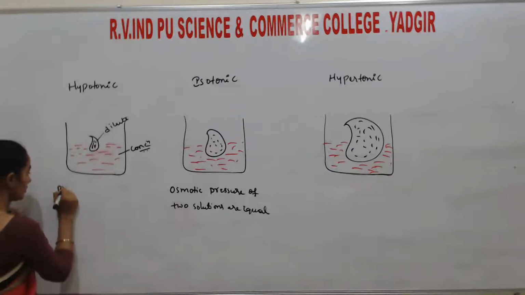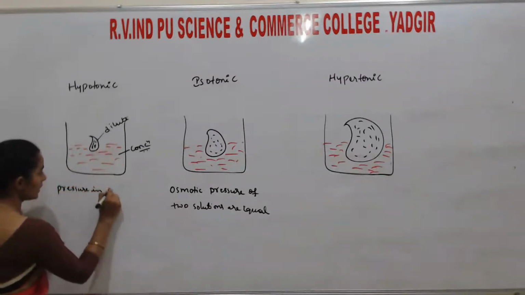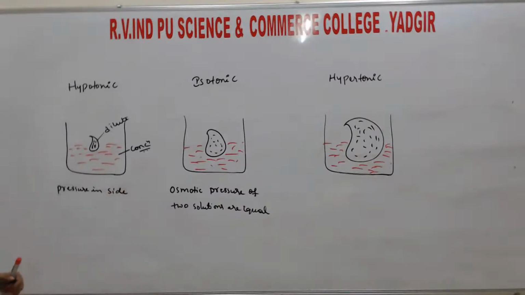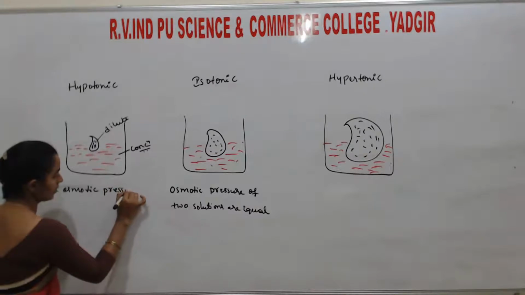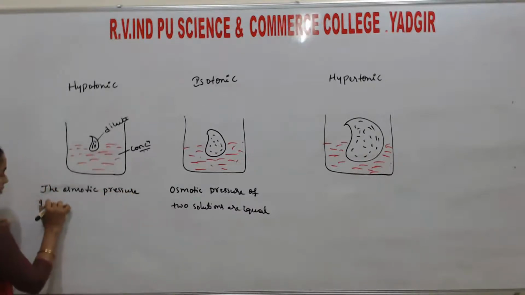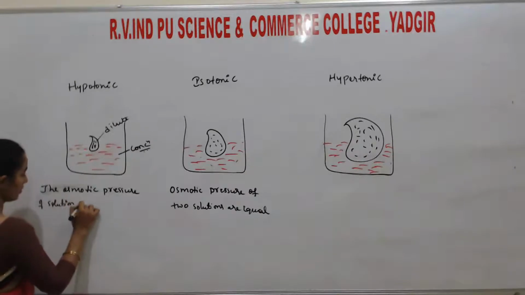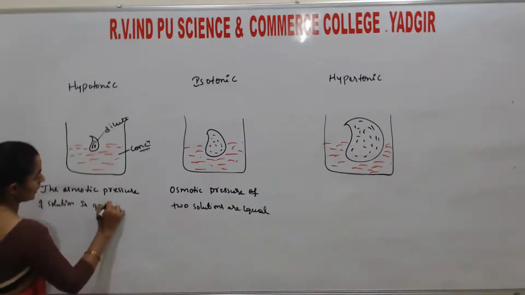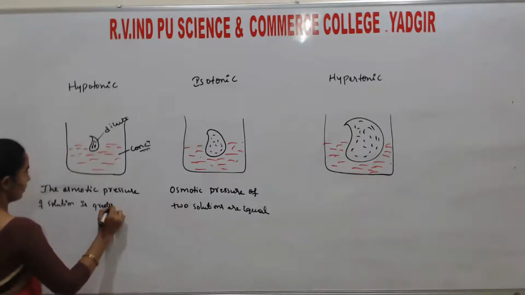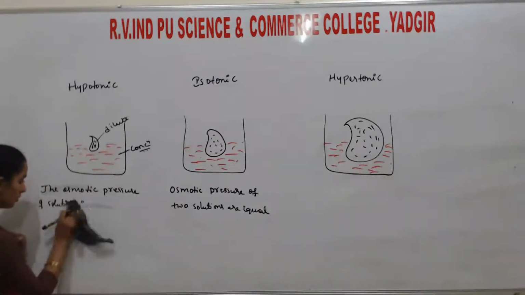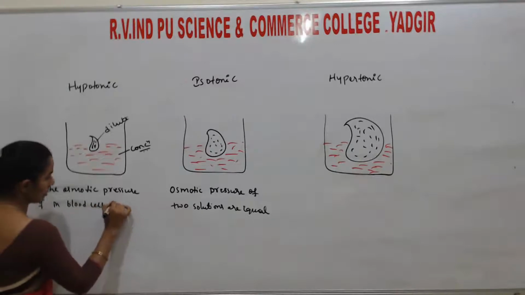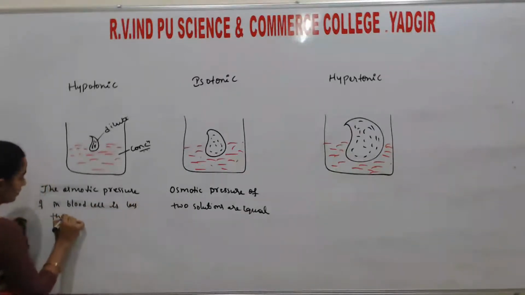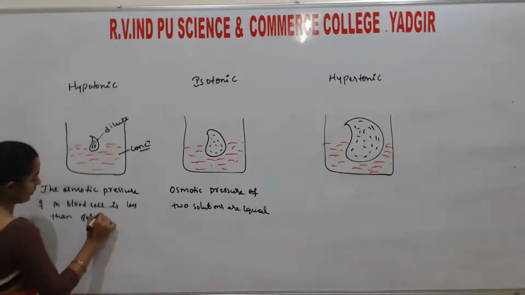If the osmotic pressure of the solution is greater, or the pressure in the blood cell is less than the solution, then what happens?